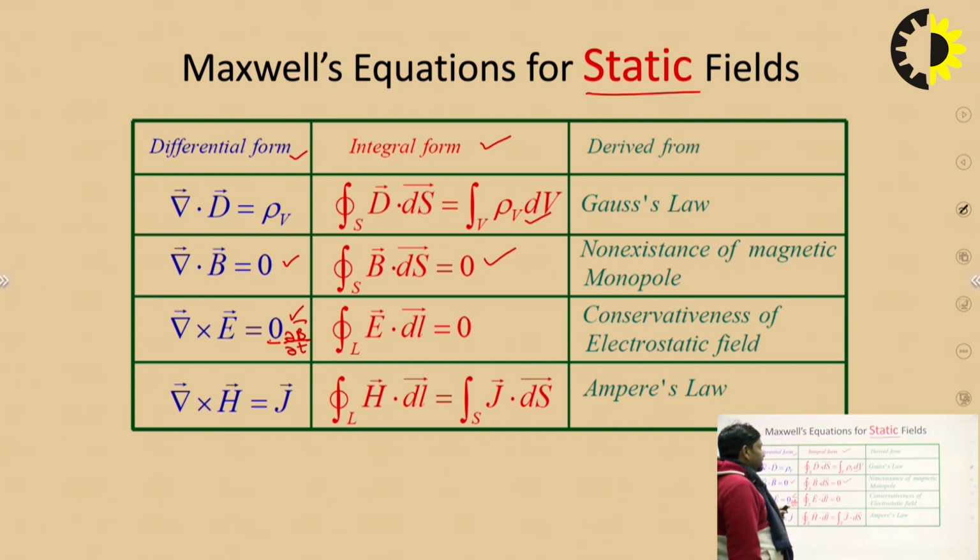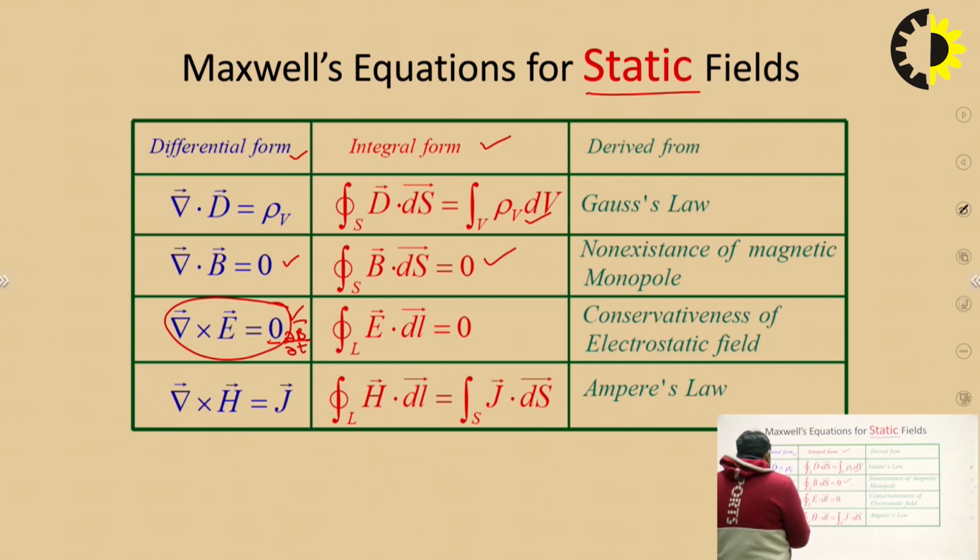But in the static field, the magnetic flux density does not change with respect to time. So del cross E is equal to 0. This means it is an irrotational vector, that the curl of the electric field should be 0. So this is the conservation of the electric field.